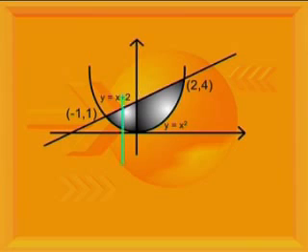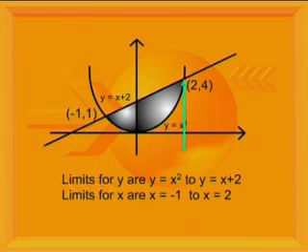For that, we draw a vertical line which enters the region where y is equal to x square and leaves the region where y is equal to x plus 2. So our limits for y are y is equal to x square to y is equal to x plus 2. And for the limit for x, if we move this vertical line towards left, then the extreme left point where this region ends is x is equal to minus 1.